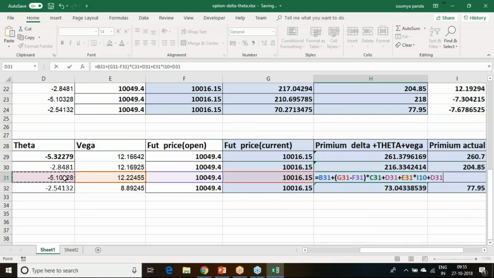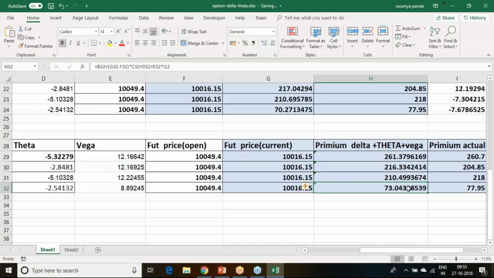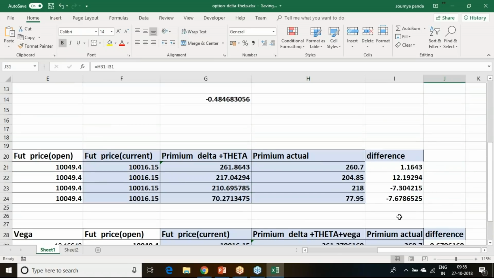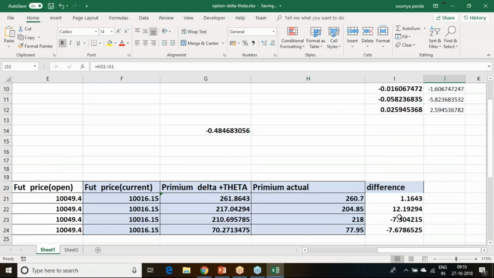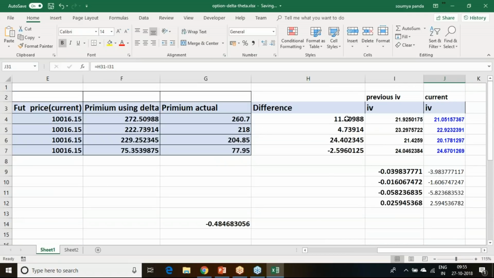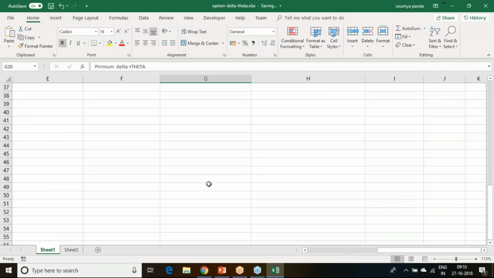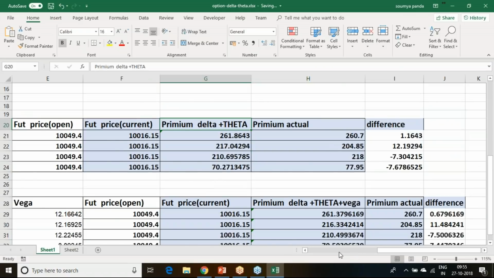One more time theta we need. Here the IV has increased. So this has now brought some differences here, 7 rupees, 5 rupees and so on. This also has an answer. So you can say the differences in this premium have narrowed down after introducing theta and after introducing the Vega.